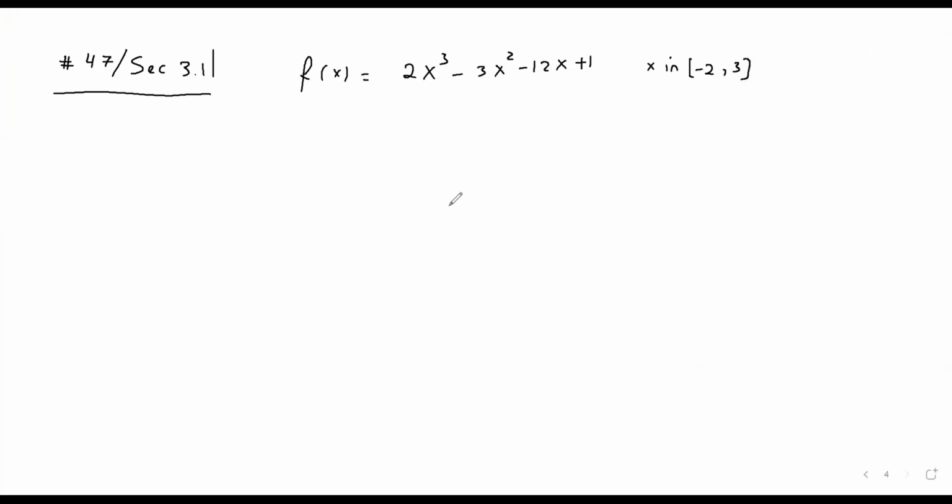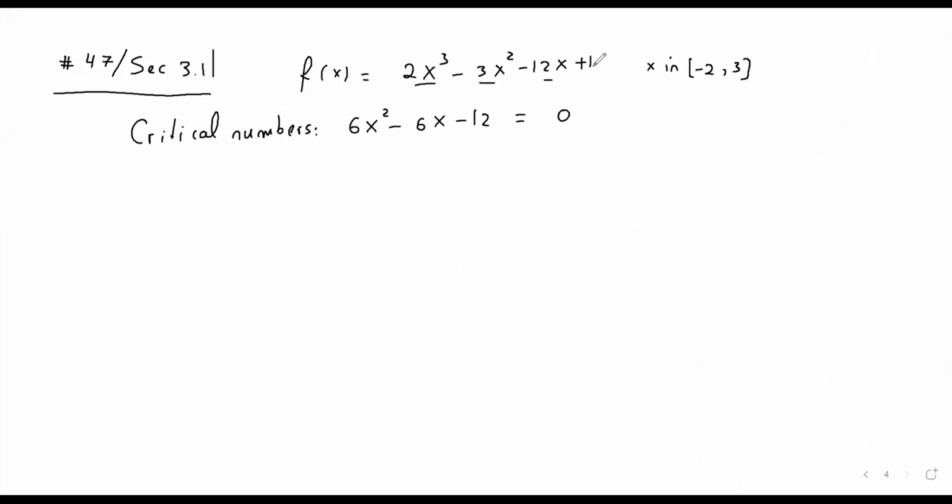So right now we're going to use calculus. We're going to find the critical numbers. And to do that, we are going to write 6x squared minus 6x minus 12 equals 0. That's the derivative here, right? So f prime is that.